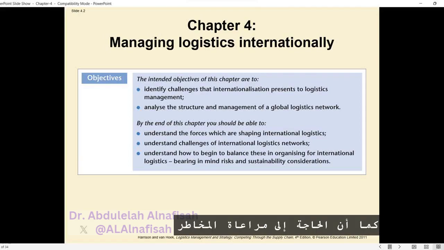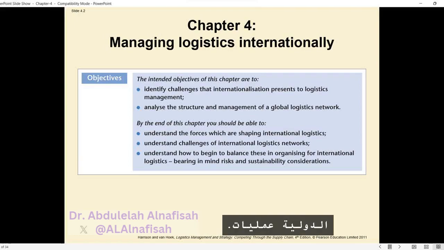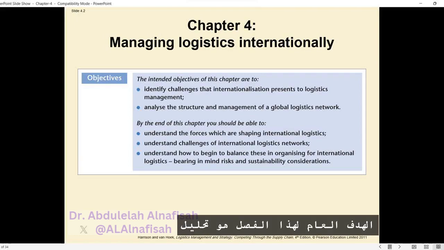Also, the need to factor in risks, environmental considerations, and social responsibility when designing international logistics operations. The overall aim of the chapter is to analyze the internationalization of logistics and discuss the organization of international supply chains.